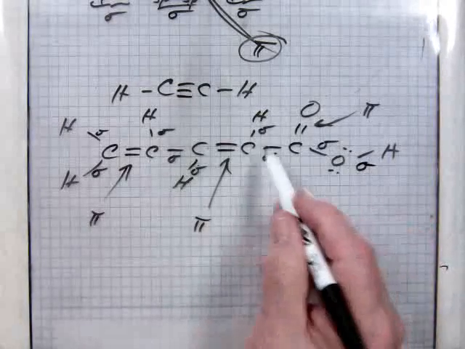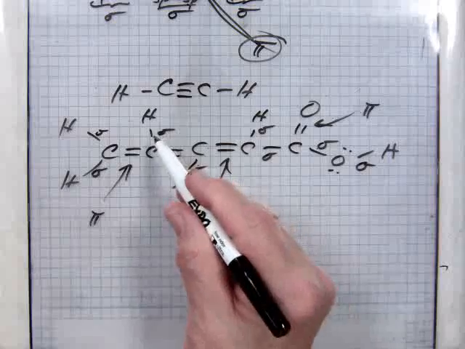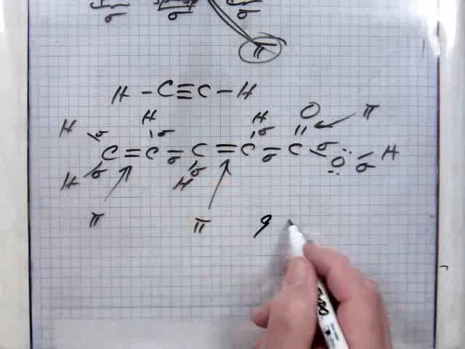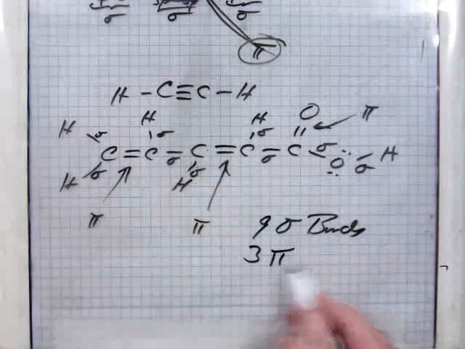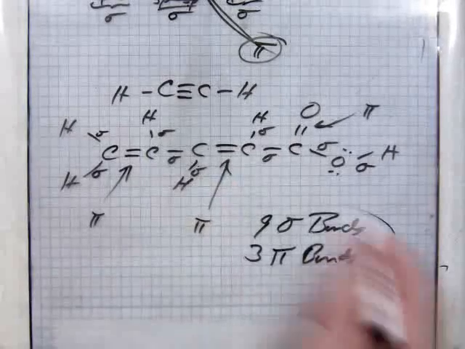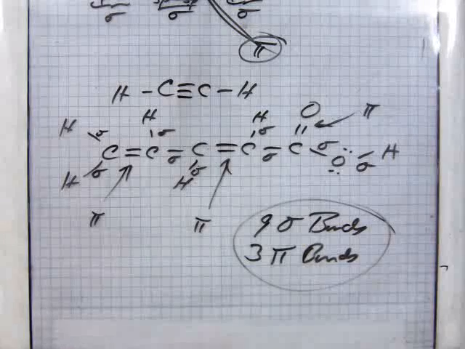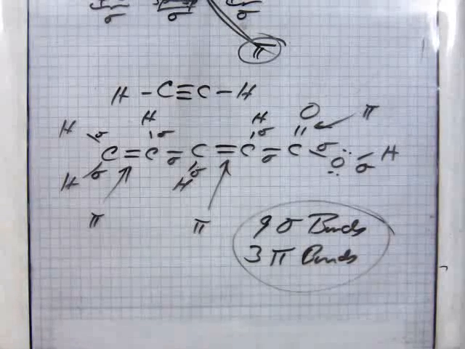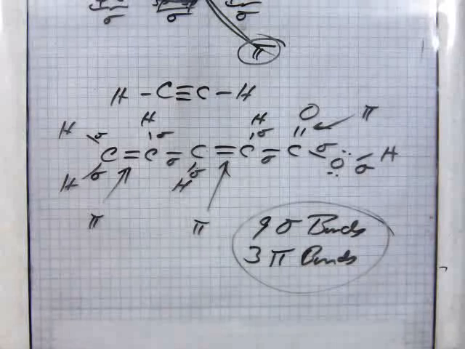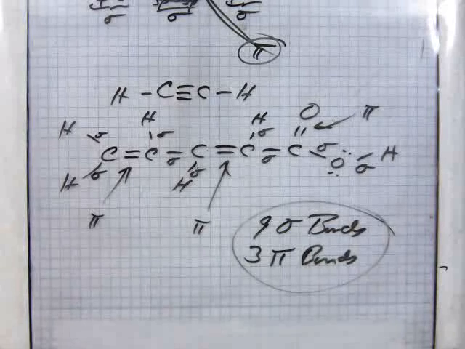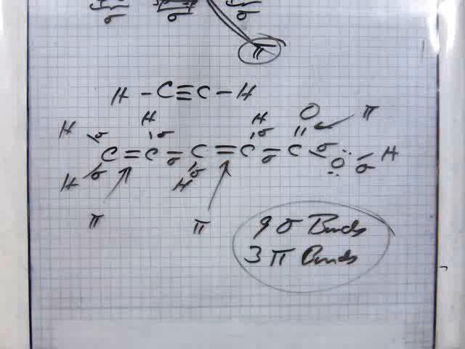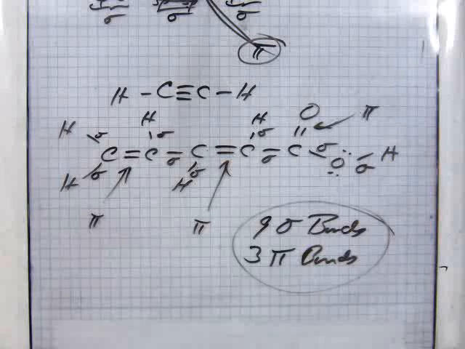One, 2, 3, 4, 5, 6, 7, 8, 9. So you have 9 sigma bonds and 3 pi bonds in that structure. Now the issue is pi bonds have an incredibly high reactive character. In other words, they expose the electrons very much into the reactive field.